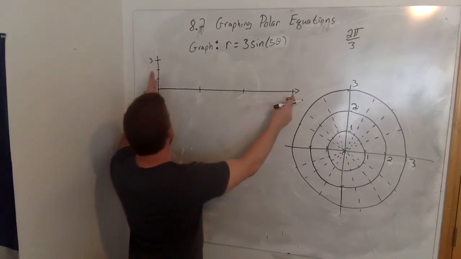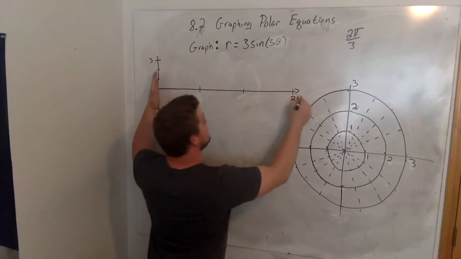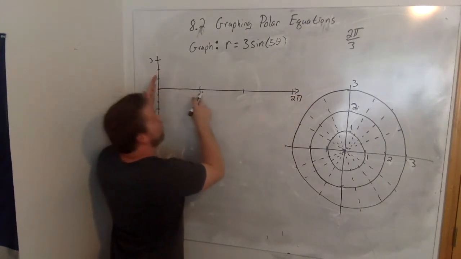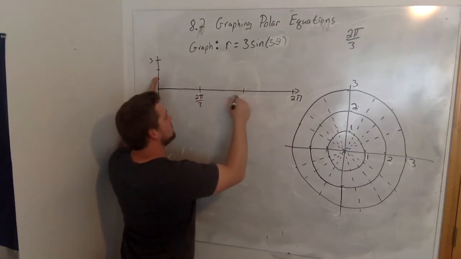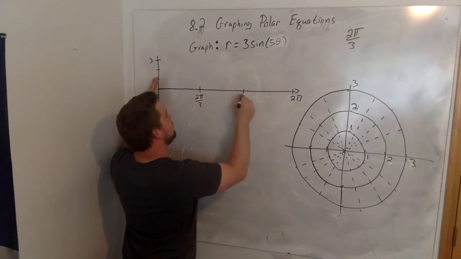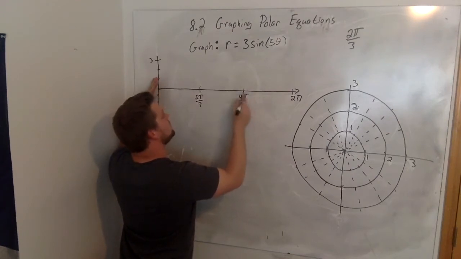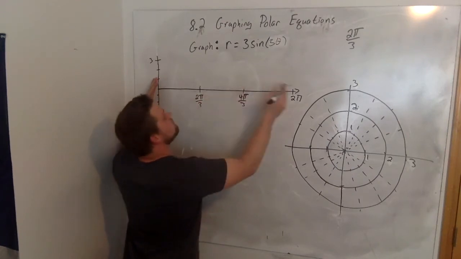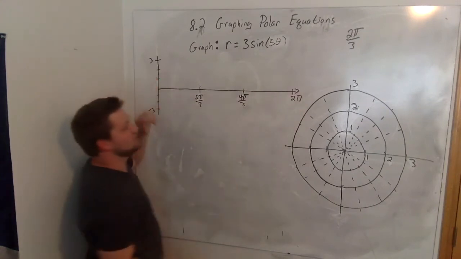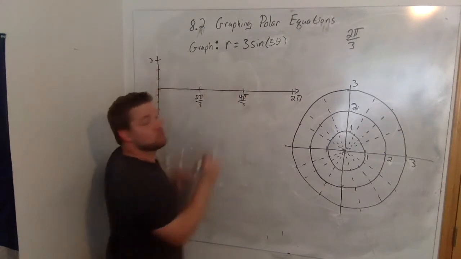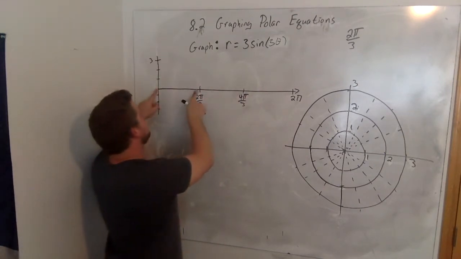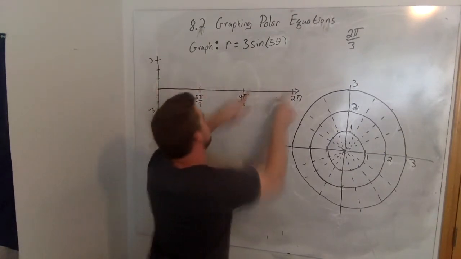So go out 2 pi over 3, 2 pi's over 3 would be 2 times 2, so it would be 4 pi over 3. And then 6 pi's over 3 would be the same thing as 2 pi. So I have a region of 2 pi and I cut this into 3 pieces. And I should get one period of the graph in each one of these 3 spots.